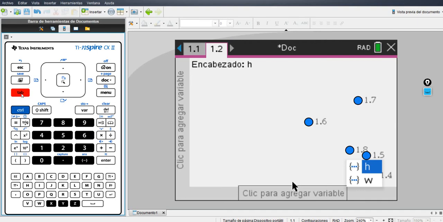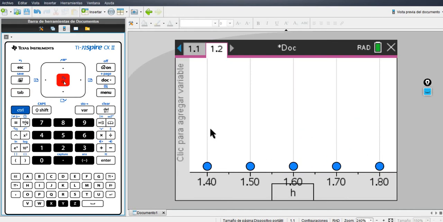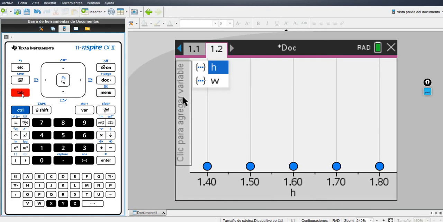Okay. And then select the height. It's already selected. So just press enter. Okay. And then how I choose the weight for the vertical axis. Once again, I click on tab. This is going to appear. Down click. Select.